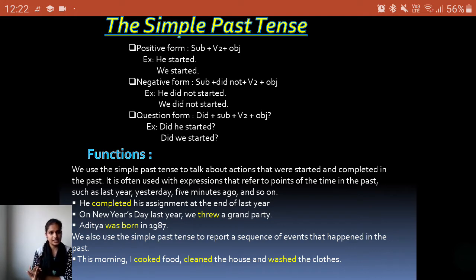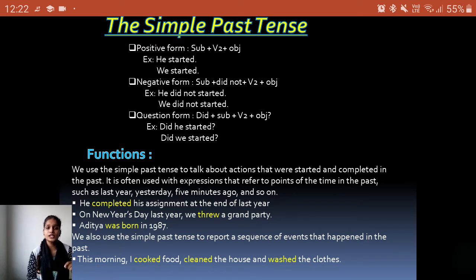Did is the auxiliary at the starting, he is the subject, started is the verb second form, and a question mark. Question mark is important in question form, remember it. Did we started. Did is the auxiliary at the starting, we is the subject, and started is the verb second form of start, and a question mark.